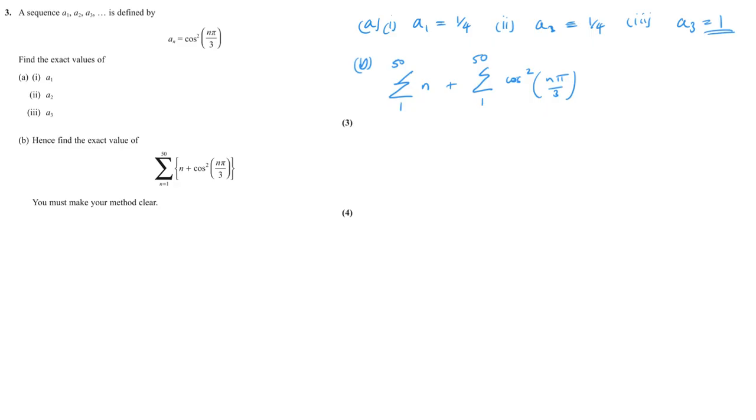First things first, the sum of n from 1 to 50 just means 1 plus 2 plus 3 plus 4 and so on up to plus 50. That can be done with the sum to n terms, which is a half a plus l. So half 1 plus 50.